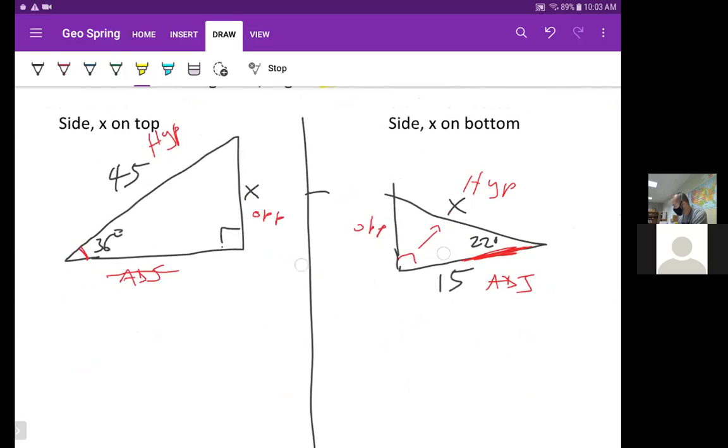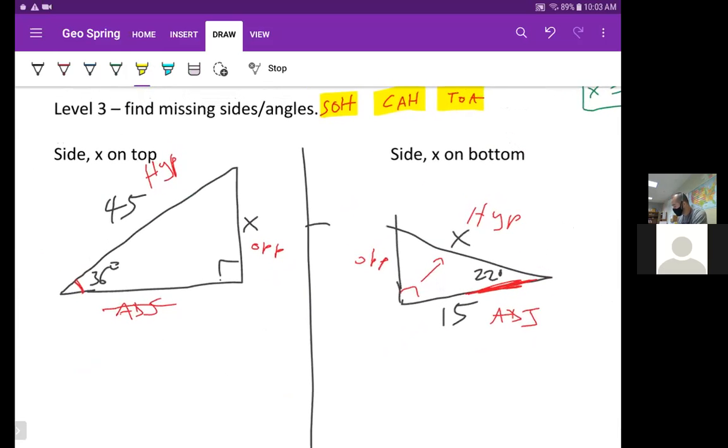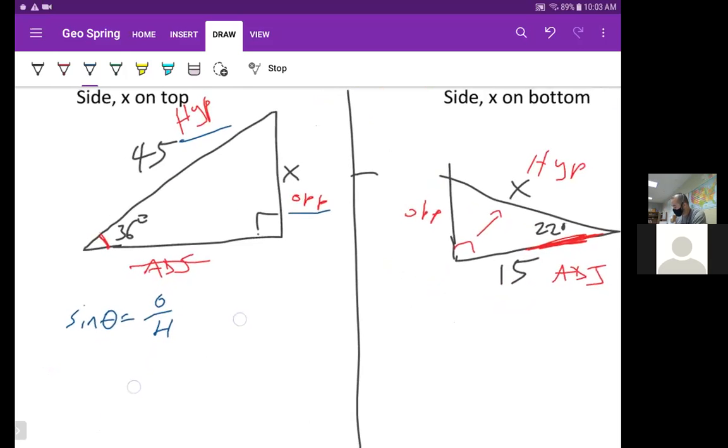So let's see what we've got here. So this one you have O and H, so that's sine. So sine of theta equals O over H. Let's do this one.